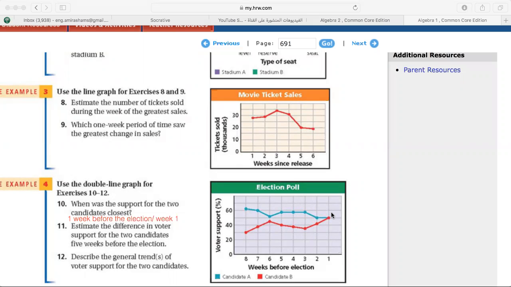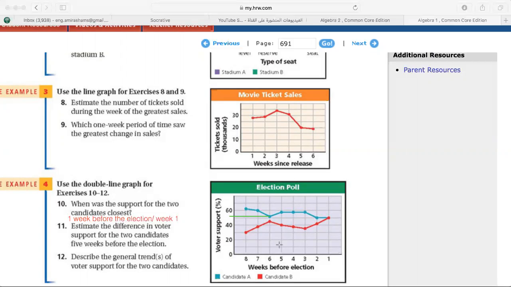Okay. Estimate the difference in voter support for the two candidates 5 weeks before the election. Where is 5 weeks before the election? Here I got it. If you want to read it well, you can draw a line here to know exactly the number.